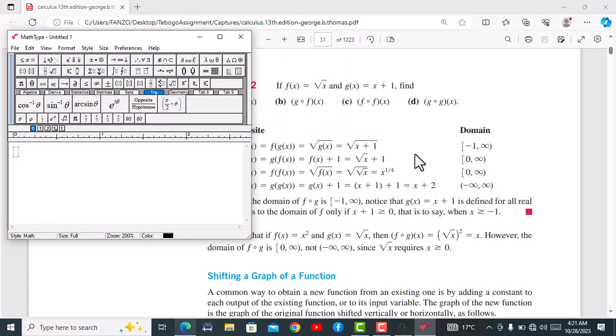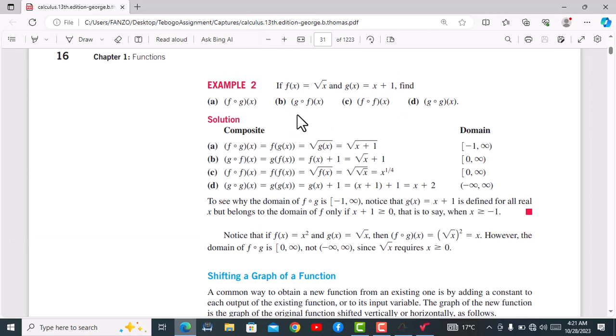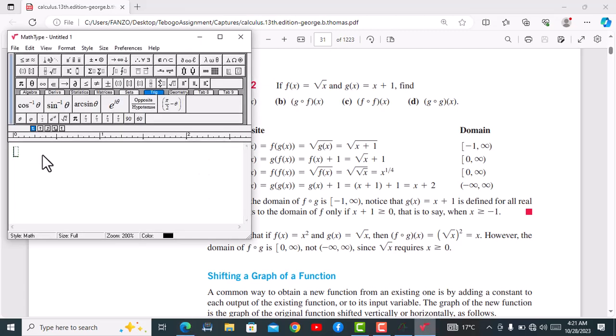So we have a function which is the square root of x and g of x equals x plus 1, and we want to find f∘g, so defining the graph of g inside the graph of f. So the first thing that you do, what is the graph of f? It's the square root of x, right? This is the function f of x, and you want to define g of x inside of this function.